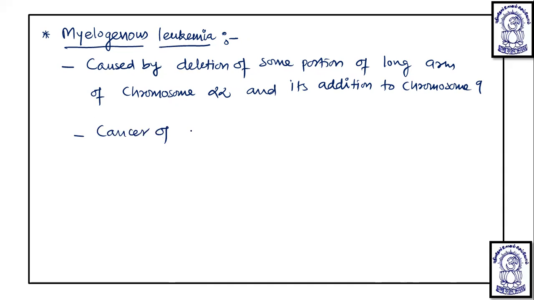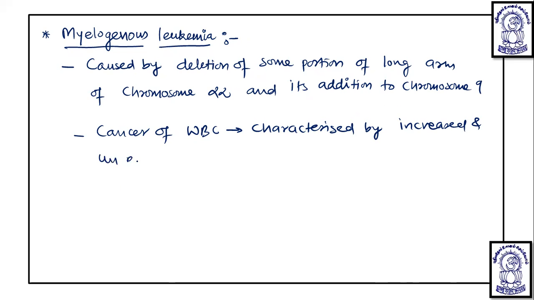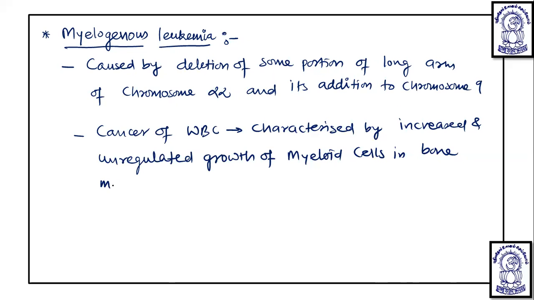And due to this, the cancer of white blood cells or WBC or leukocytes is characterized by increased and unregulated growth of myeloid cells in bone marrow and accumulation of these cells in blood.